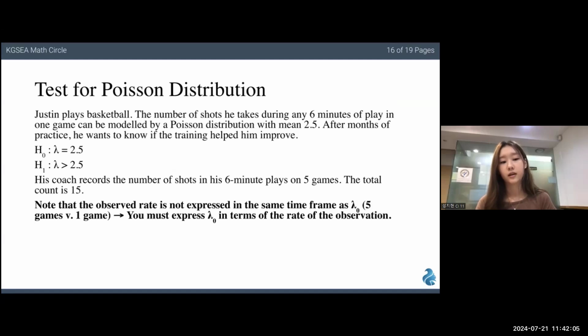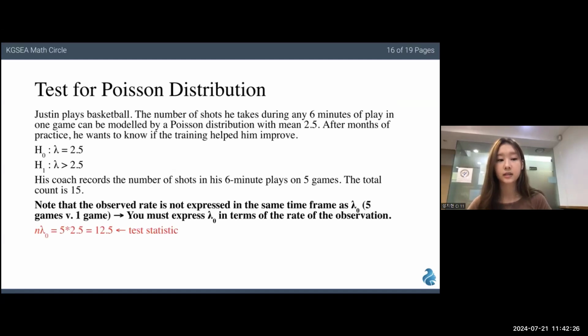What you should realize is that the observed rate is not expressed in the same time frame or interval as the original one. The observed is from 5 games versus the given in terms of 1 game. Therefore, you must express lambda in terms of the rate of observation.